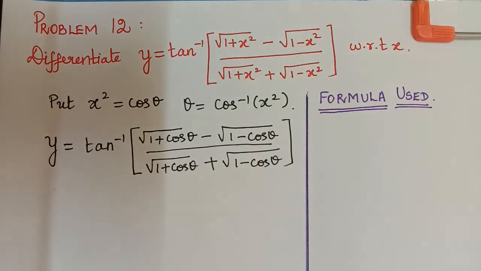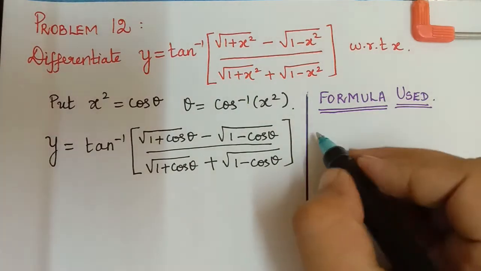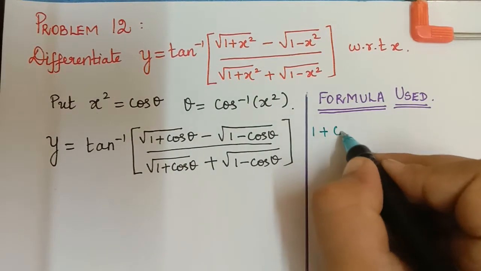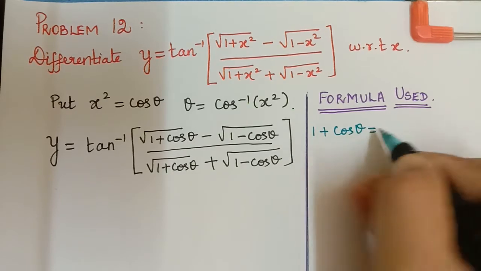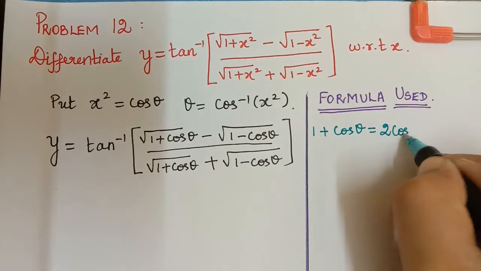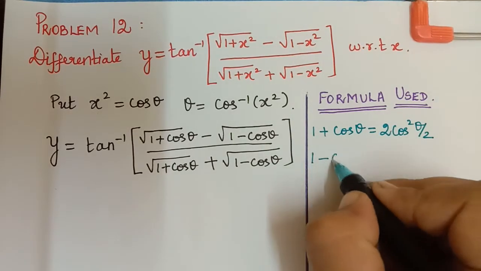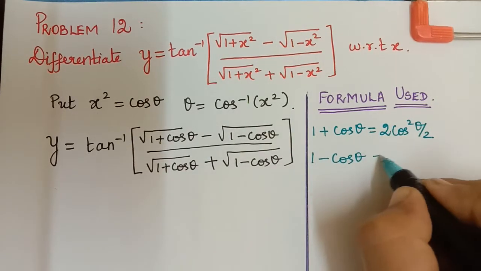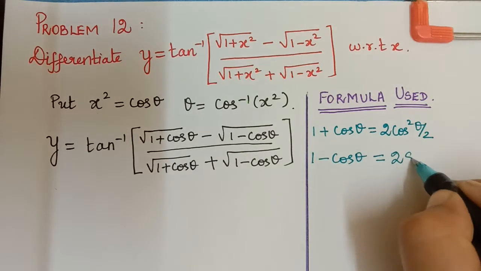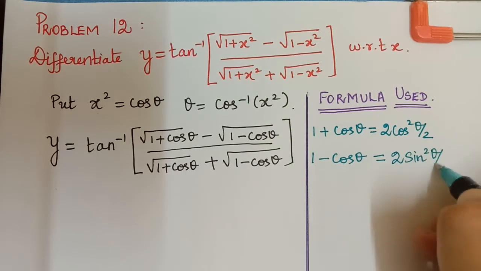Now, by using a trigonometric formula, we know that 1 plus cos theta is equal to 2 cos squared theta by 2. Similarly, 1 minus cos theta will be equal to 2 sin squared theta by 2.